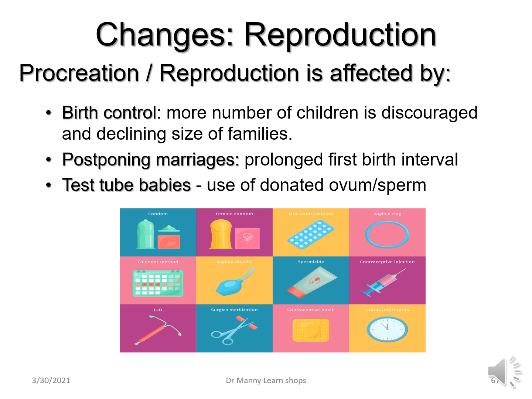Depends on what country you're in. I mean, it's proactive here in Malaysia. Births, children are being encouraged. Postponing marriages. So therefore, the first birth may be a lot later in life for certain married couples. Then you've got the concept of test tube babies with the use of donor, ovum and sperm.